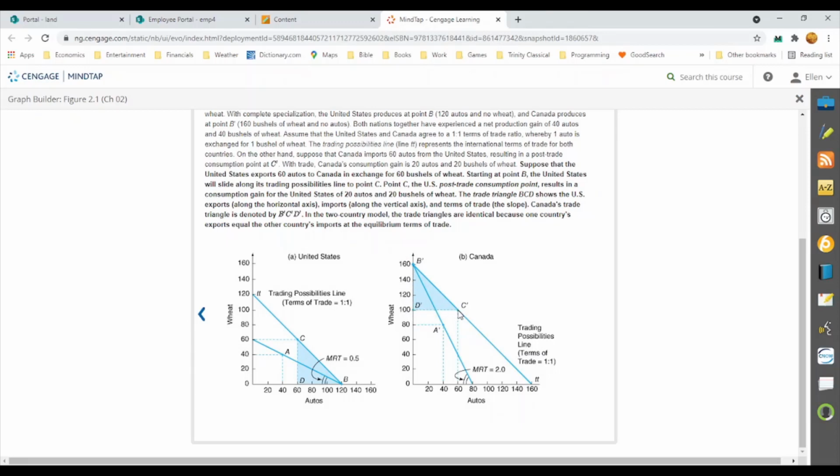And then, of course, the 60 wheat bought them 60 cars. And again, you can see their C prime is so much better than A. So Canada has ended up with specialization in trade with an additional 20 wheat, an additional 20 auto. The United States has ended up, we're just comparing the original non-trade consumption point to the final trading consumption point. We also have an additional 20 in autos and 20 in wheat.